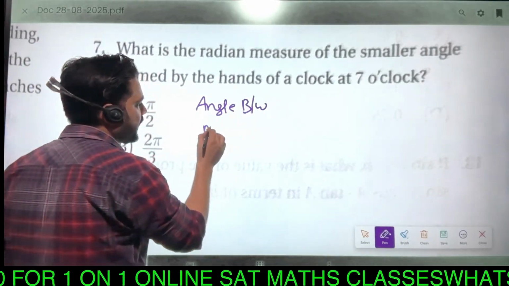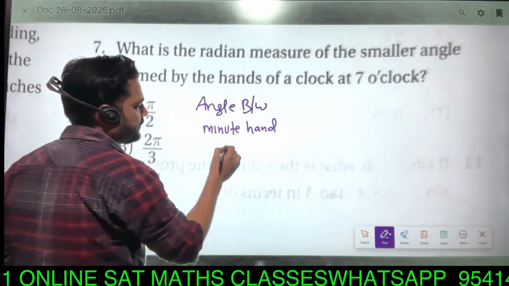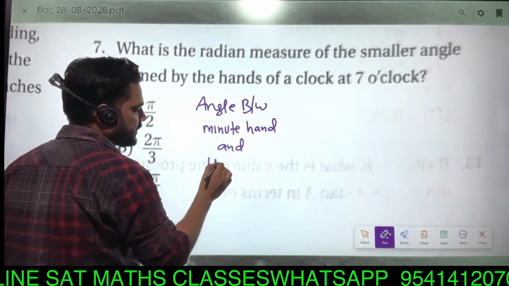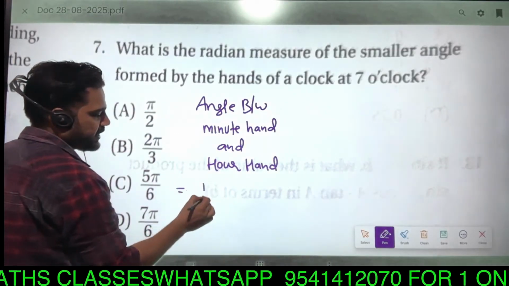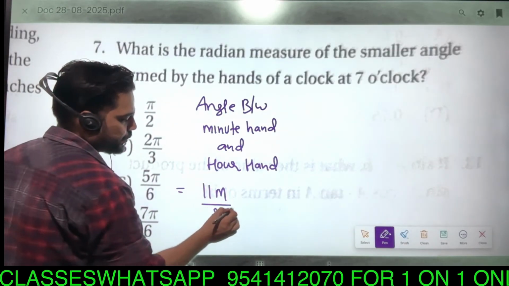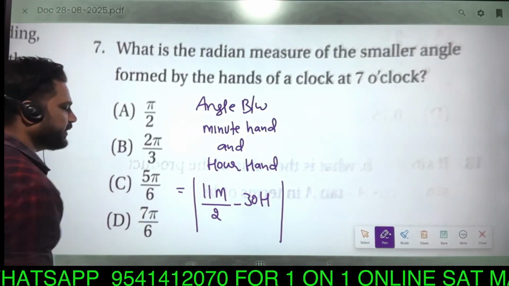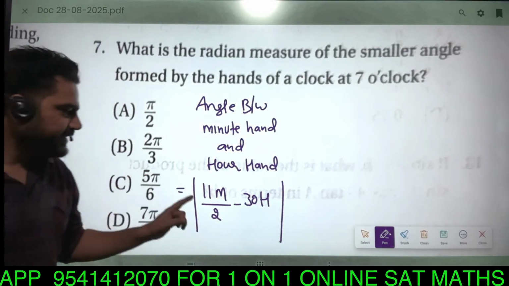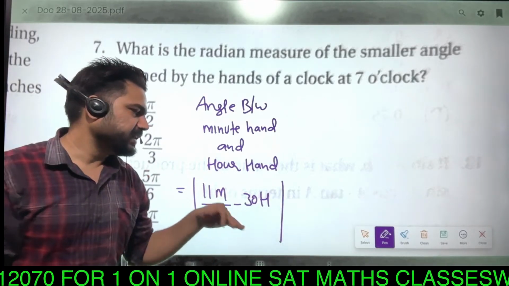The angle between the minute and hour hand of a clock is equal to 11m/2 minus 30h. This is the shortcut and we will apply modulus here. 11m/2 minus 30h. In this shortcut, m represents the minutes and h represents the hour.